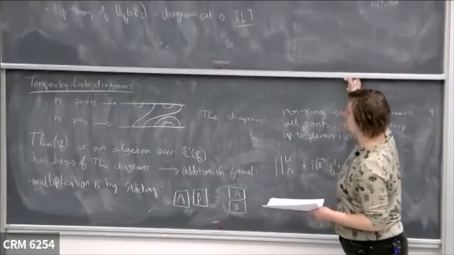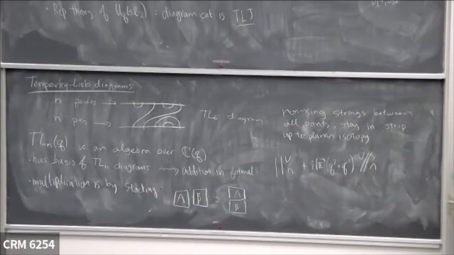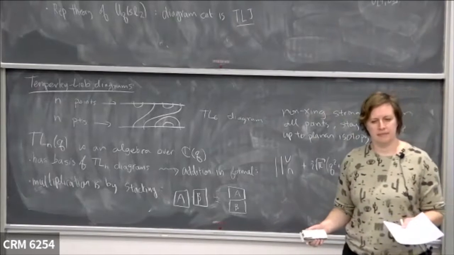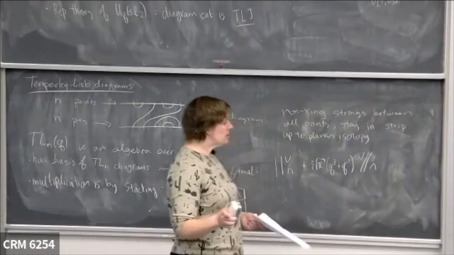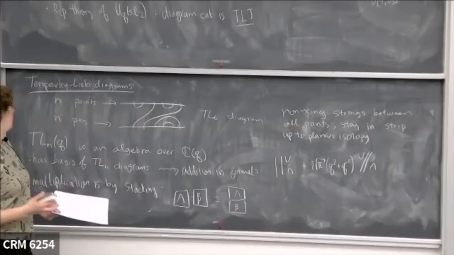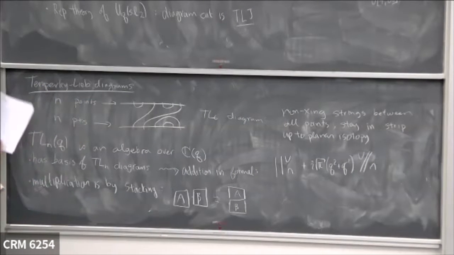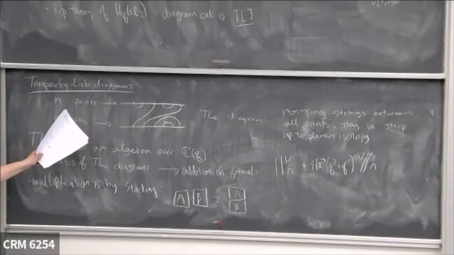I don't know if this question will go too far afield, but since you're talking, I've seen Kauffman's name associated with this thing. Is there an easy way to say what he did? Yeah, the one sentence version is that Kauffman gave the diagrammatic presentation of the Temperley-Lieb algebra.